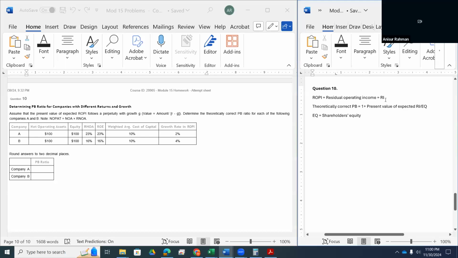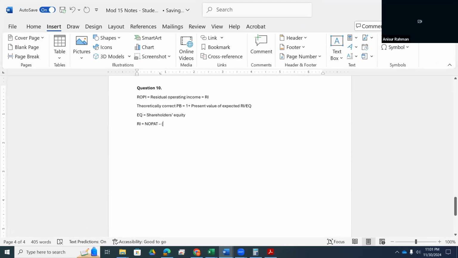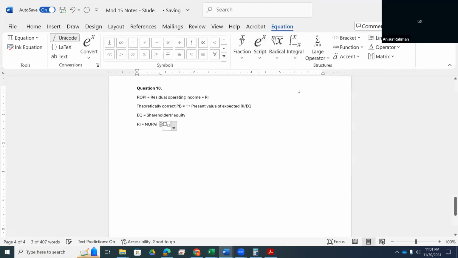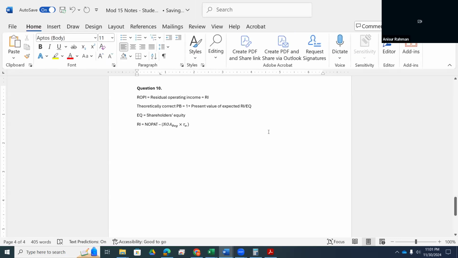Now, first we need to find out RI. So RI is equal to your NOPAT minus your net operating assets beginning and then multiplied by your weighted average cost of capital. Okay.